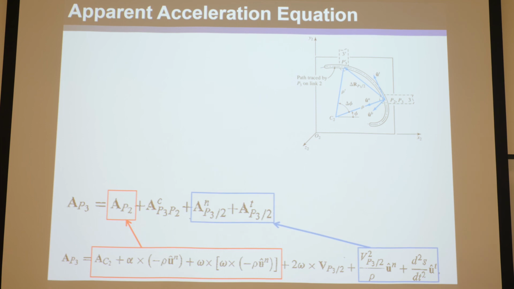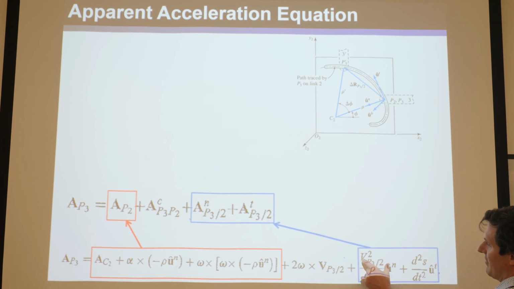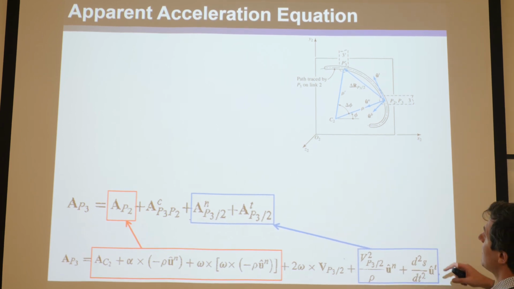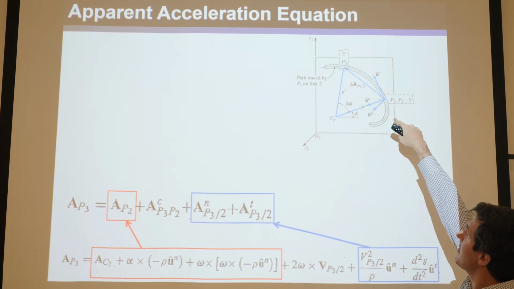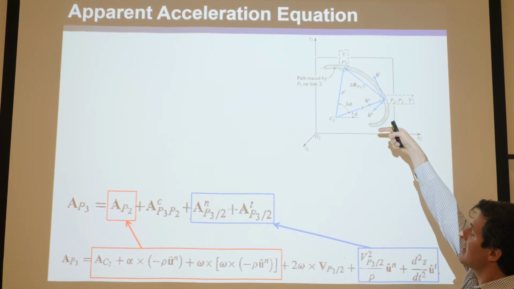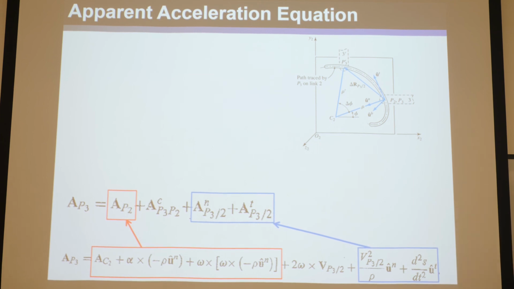Now we can see these two components here. Look at this. We have basically the speed of P3 relative with respect to 2. That's the apparent speed squared divided by rho. That should trigger to you, oh wow, that's a centripetal acceleration in the un direction. So that's the normal direction as 3 screams around this curve here. It's the acceleration of P3 in the normal direction relative with respect to 2.